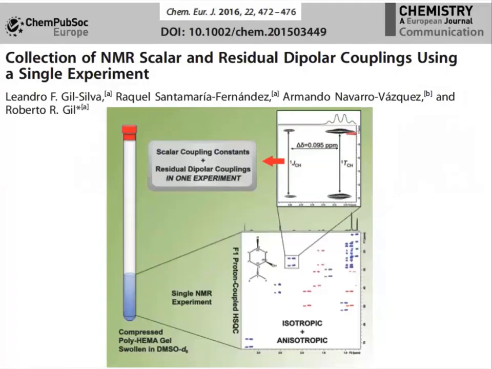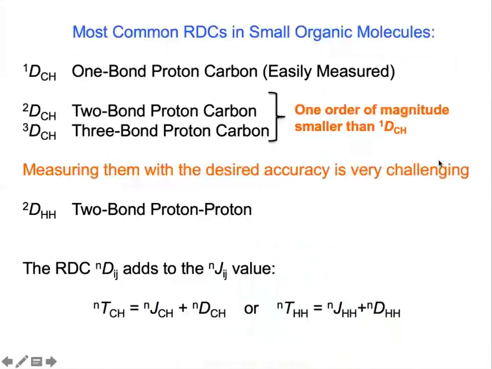At the same time, what we realized is that since there is always a residual part of solvent outside the gel, when the gel buckles when you compress it, then we discovered that you get J, and then you get T, you get the total splitting in a single experiment. This allows you to measure the J, and you measure the total coupling, and you get the RDC.